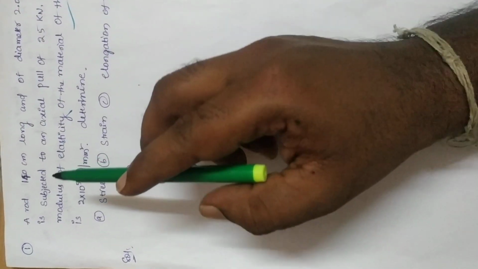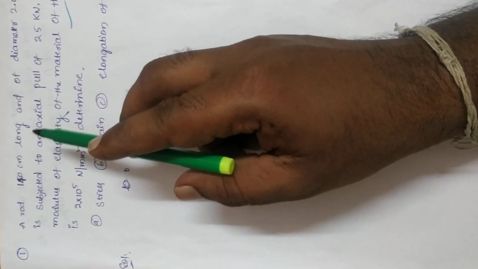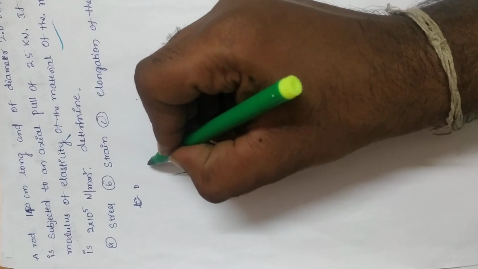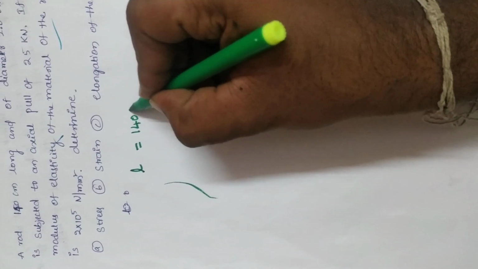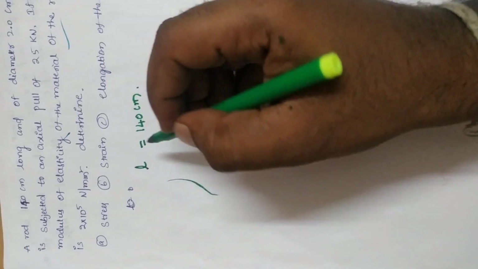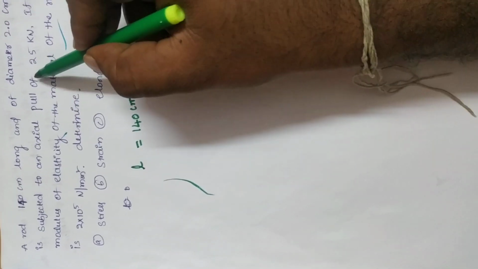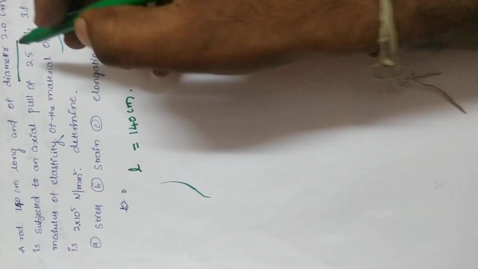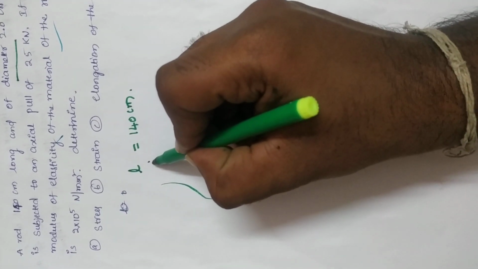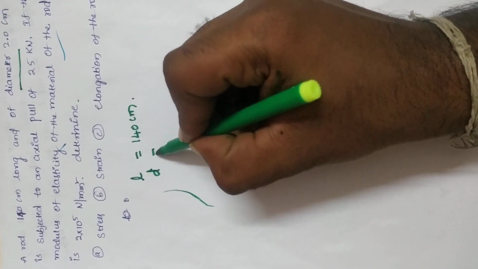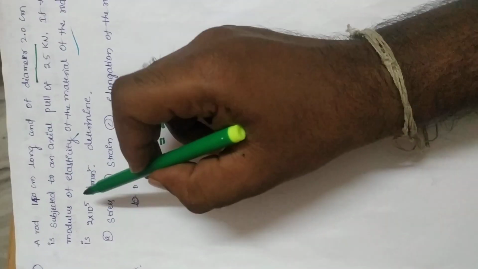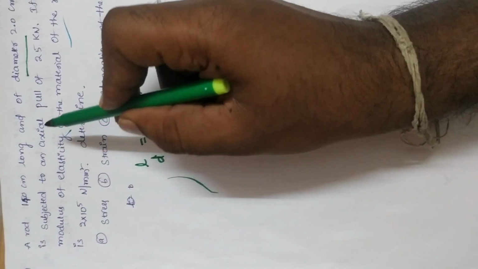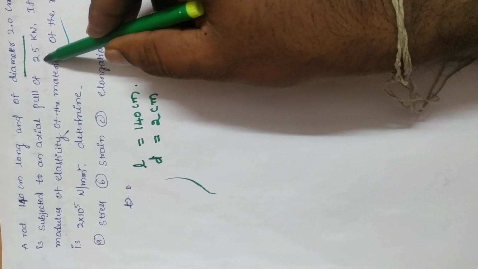So first one is the rod 140 centimeter long. Long means a length, so L equal to 140 centimeters. Diameter indicates small d, 2 centimeters. Then it is subjected to an axial pull of 25 kilonewton.